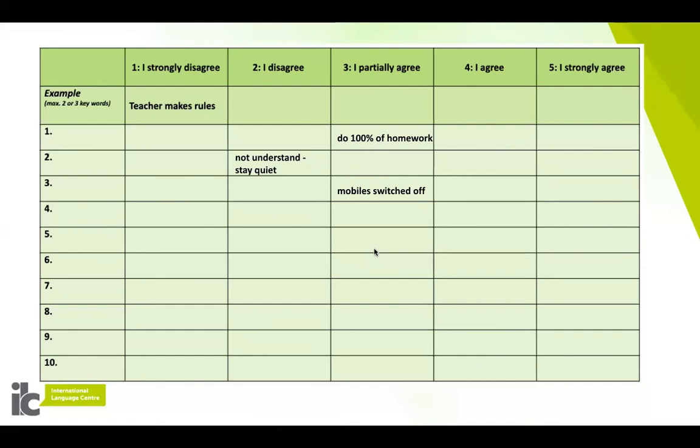I don't accept this. This is fine if you don't want to accept this rule, but also show that you are flexible. For example, mobiles, we shouldn't switch mobiles during our lessons.